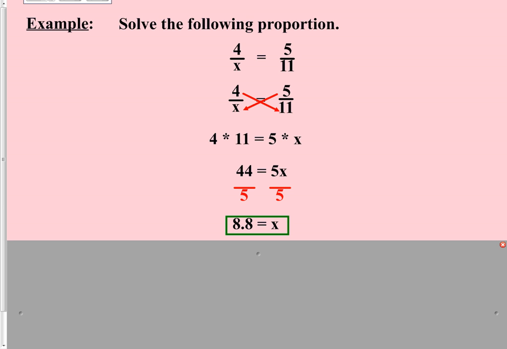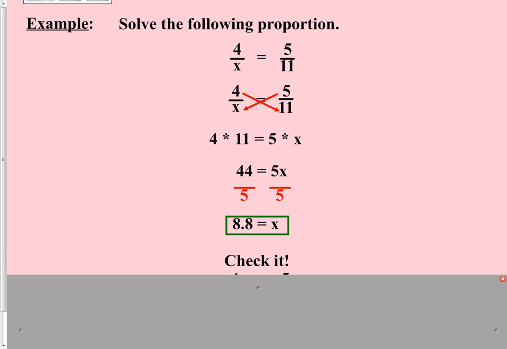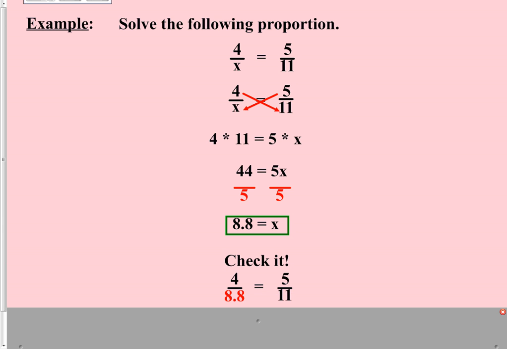And 5 goes into 44 8.8 times. And absolutely, it is possible for variables to equal decimals and fractions and things like that. So do not think that just because you didn't end up with a whole number that you did not get the correct answer. But just like any other problem in algebra, we have the ability to check this value. We think x is 8.8.